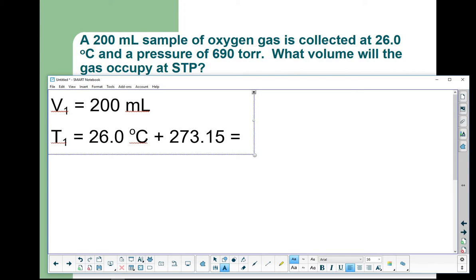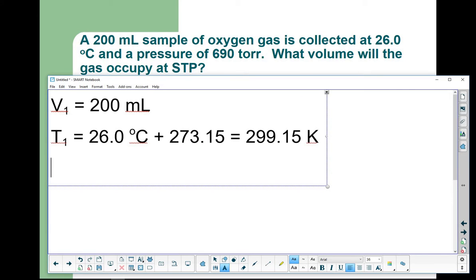And I will get 299.15. Okay. All right, next thing, a pressure, P1, equal to 690 torr. I'm going to keep that up for a minute.